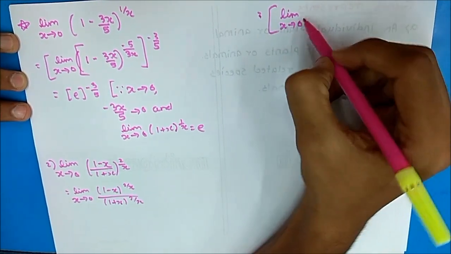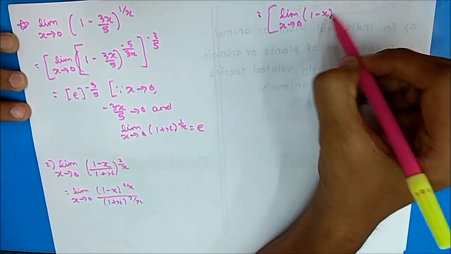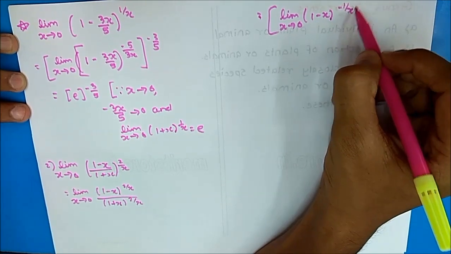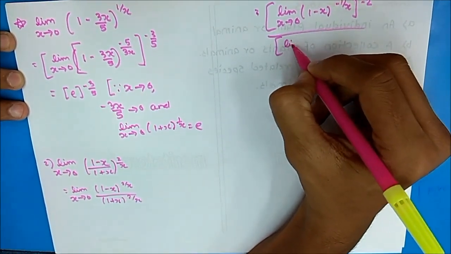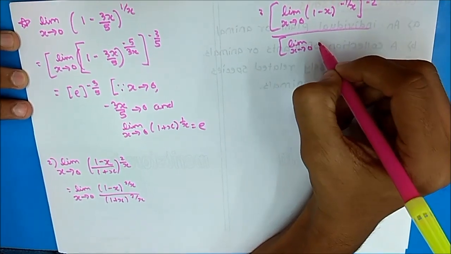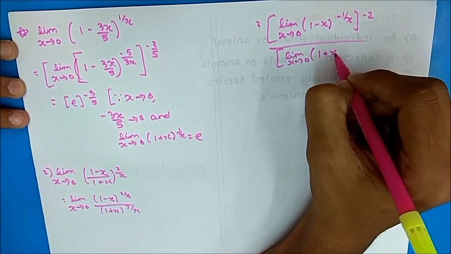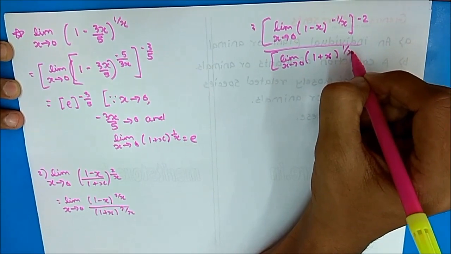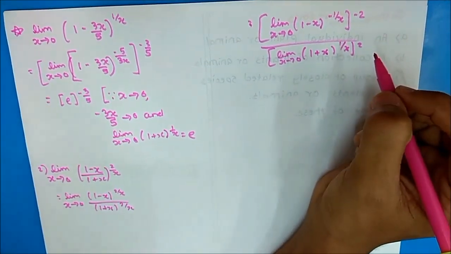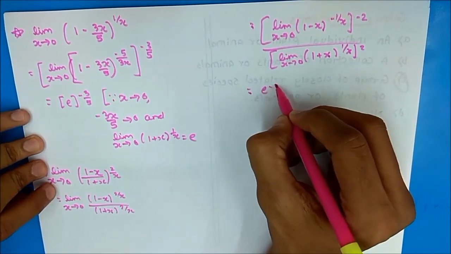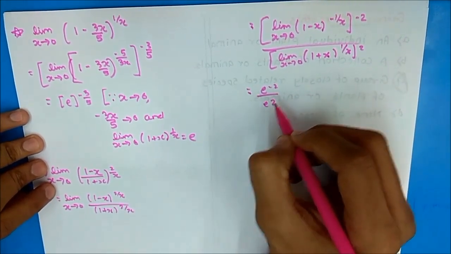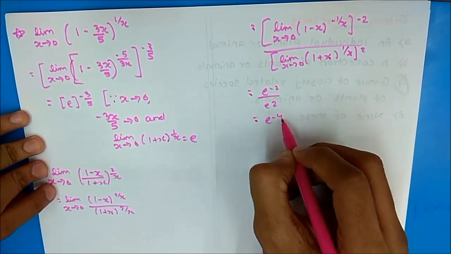Limit x tends to 0 (1 minus x) raised to minus 1 upon x into minus 2 upon limit x tends to 0 (1 plus x) raised to 1 upon x into 2, e raised to minus 2 upon e raised to 2, that is e raised to minus 4.